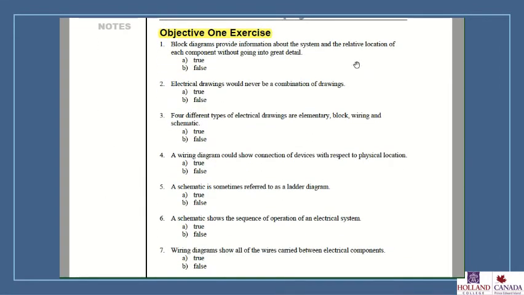You may now pause the video and complete Objective 1 exercises.